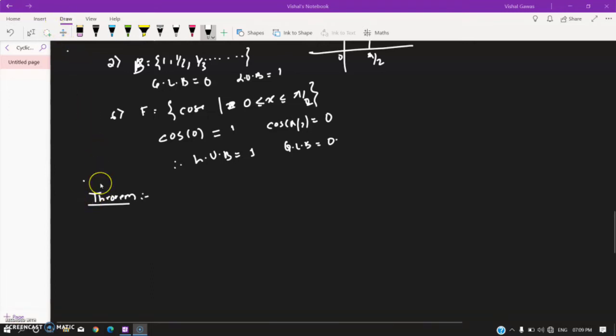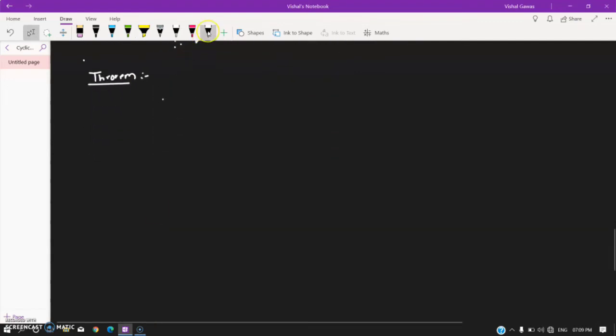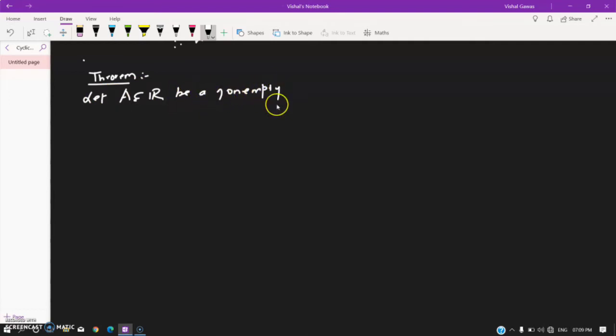What we have is, let me write down explicitly: let A be a non-empty subset of R such that A is bounded above.